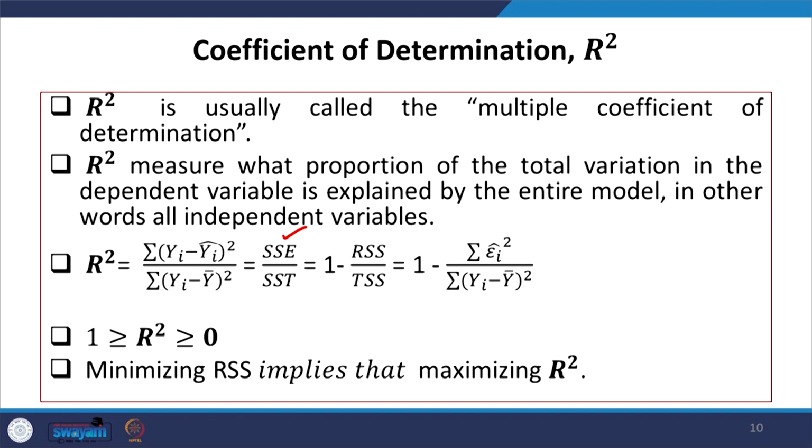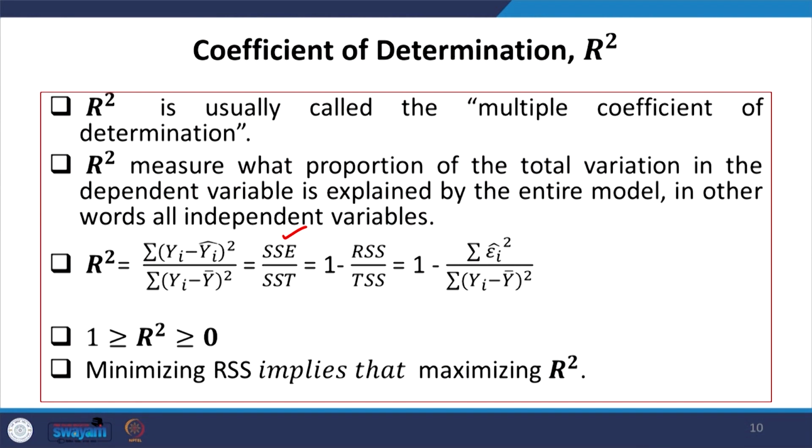And what do you mean by error? Basically, error is about how much is explained by the model, okay, and how much was the residual. So, TSS minus RSS is nothing but the sum of square errors. So, 1 minus RSS divided by TSS is called capital R square.